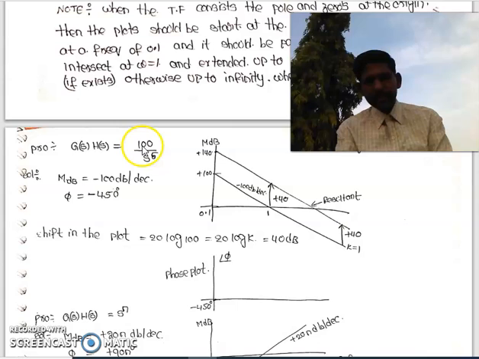Since we are having 100 here, what is the magnitude formula? Magnitude in dB is 20 log of G(s)H(s), that is 100.